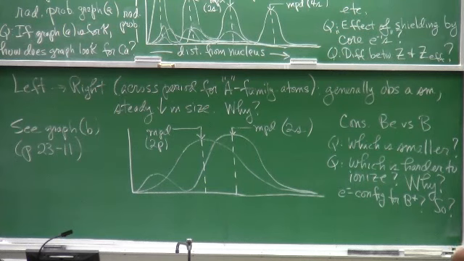Which means as you go across a period, you would expect to observe what kind of trend in first ionization energy? Increase. But you think there might be some exceptions to this ionization energy trend?